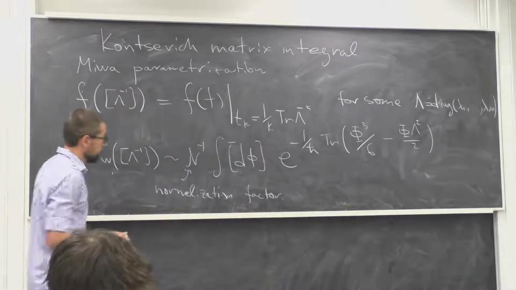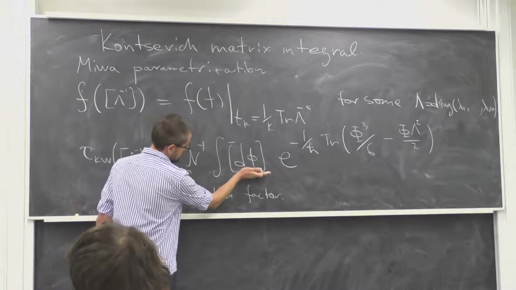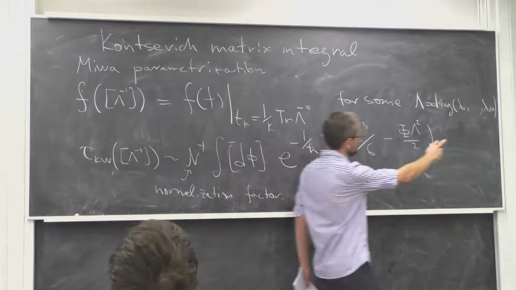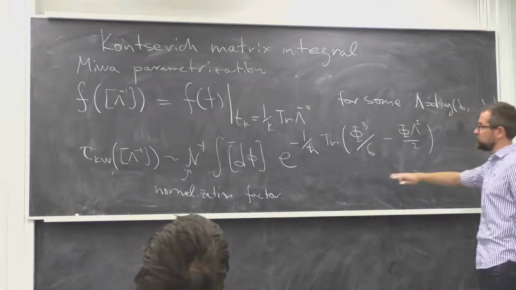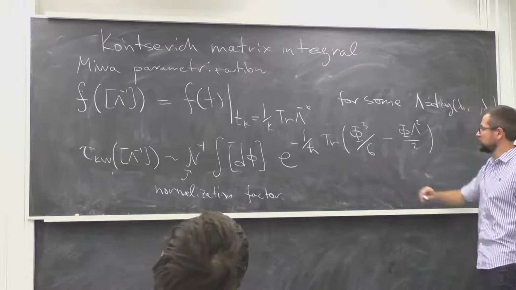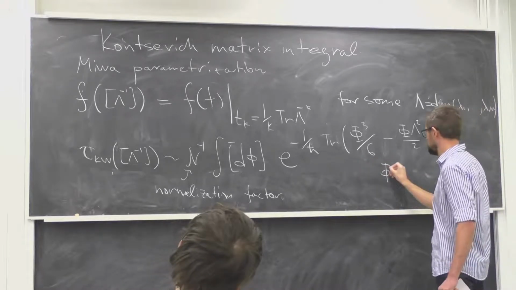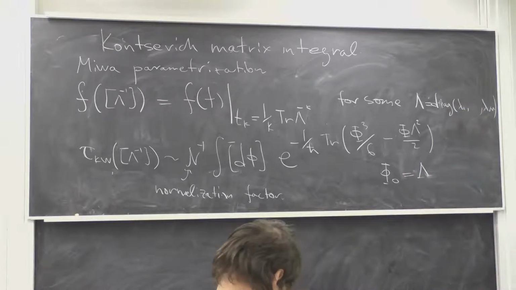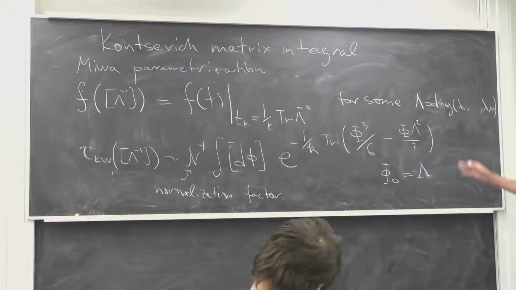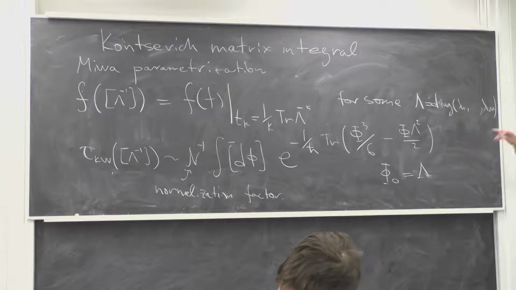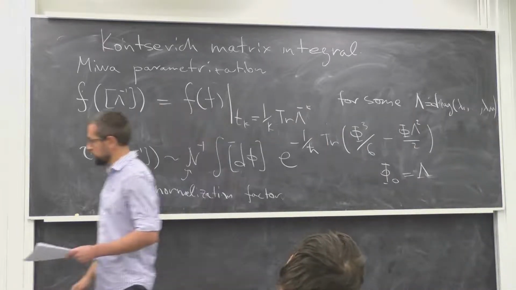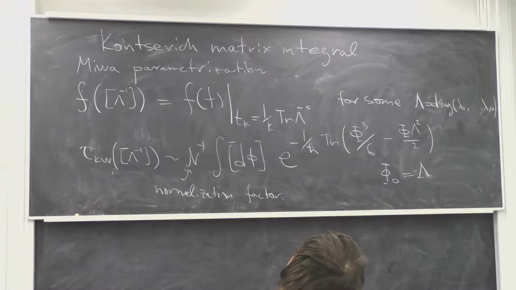And here we integrate over, let's say, Hermitian matrices of size n by n, and we take the asymptotic expansion at the critical point phi 0 equal to lambda. So it appears that if we take the asymptotic expansion of this cubic integral, we get exactly the intersection numbers on this space.